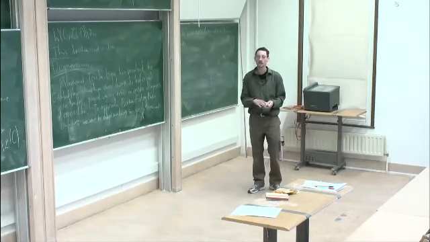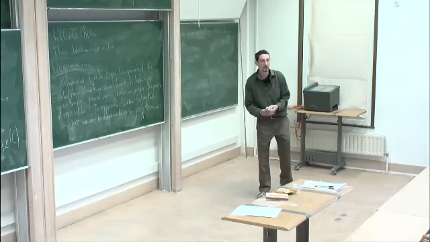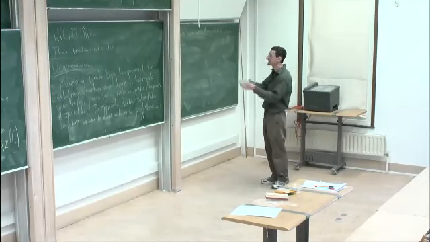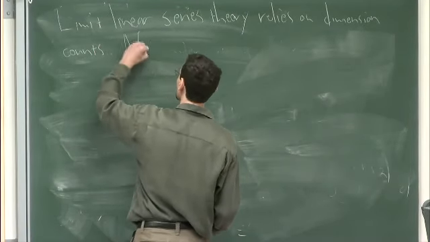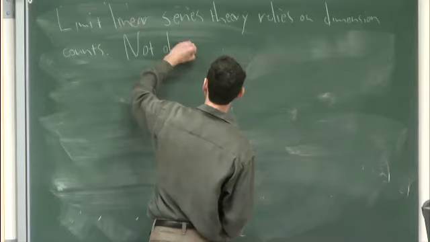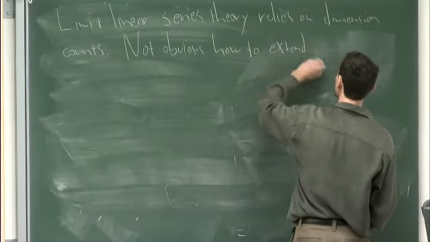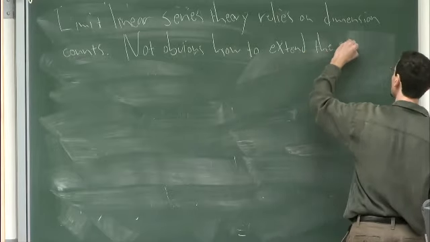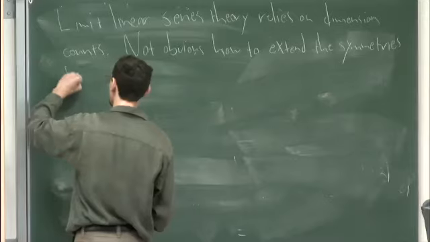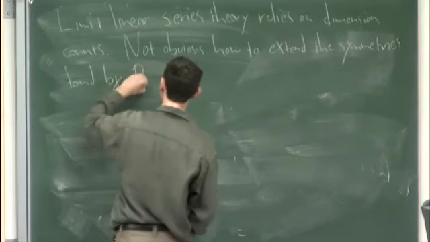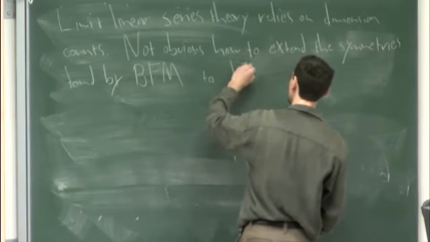So you need to show that the symmetries that they discovered for the case of canonical determinant can also be found inside the limit linear series machinery. And this is actually highly non-obvious. It's not obvious how to extend the symmetries found by Bertram, Feinberg, and Mukai to the limit linear series context.